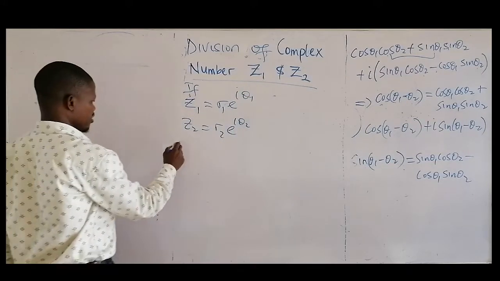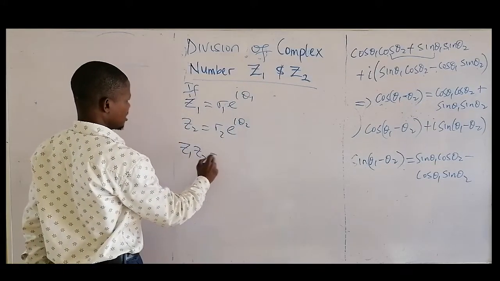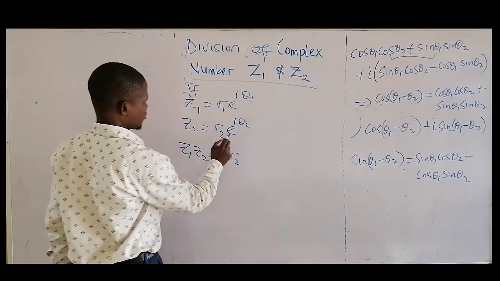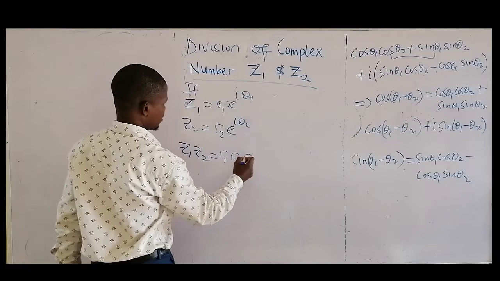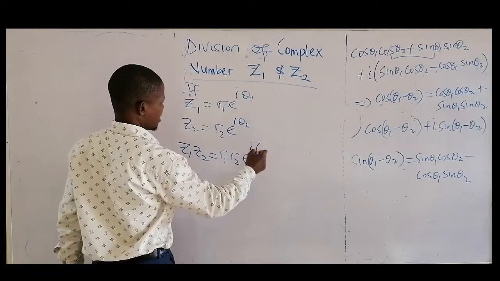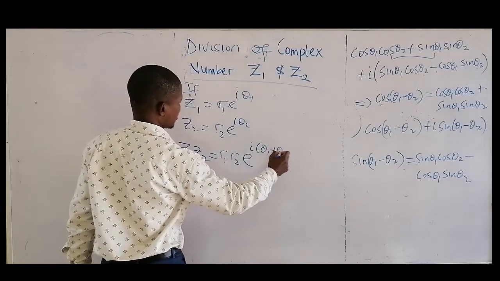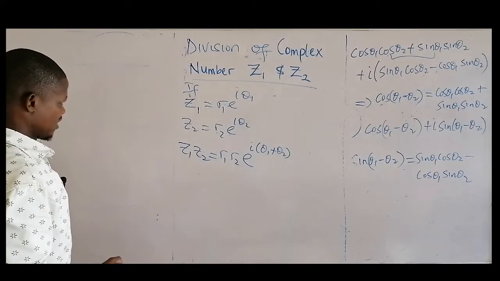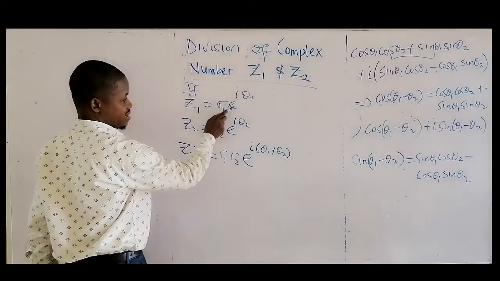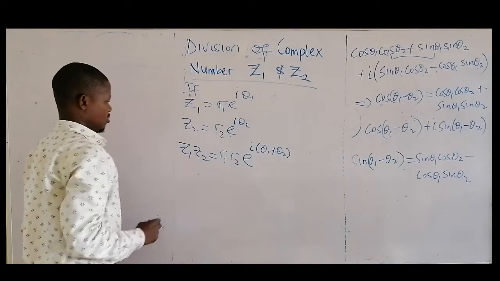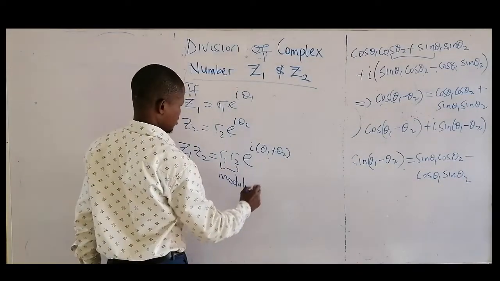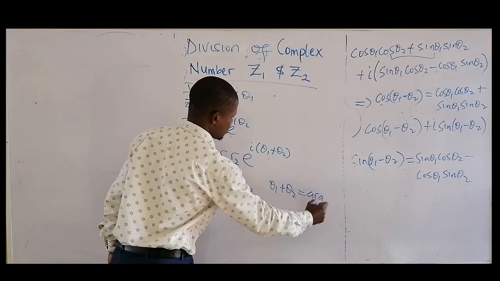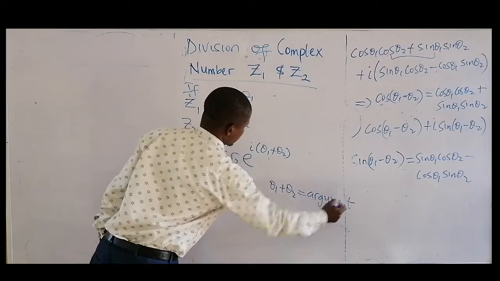The multiplication z1 z2 is r1 r2 times the exponential, and we can factorize that because we apply indices: e to the i (theta 1 plus theta 2). Here r1 r2 is your modulus and theta 1 plus theta 2 is your argument.